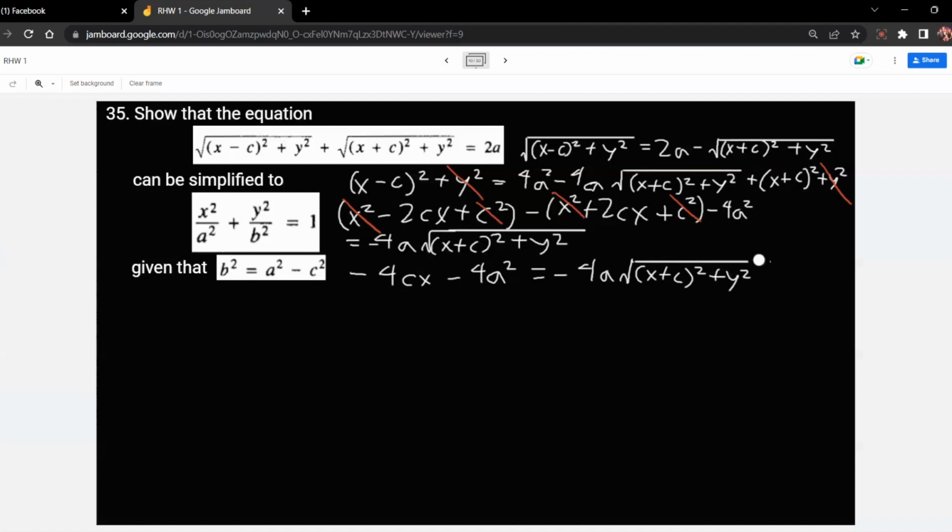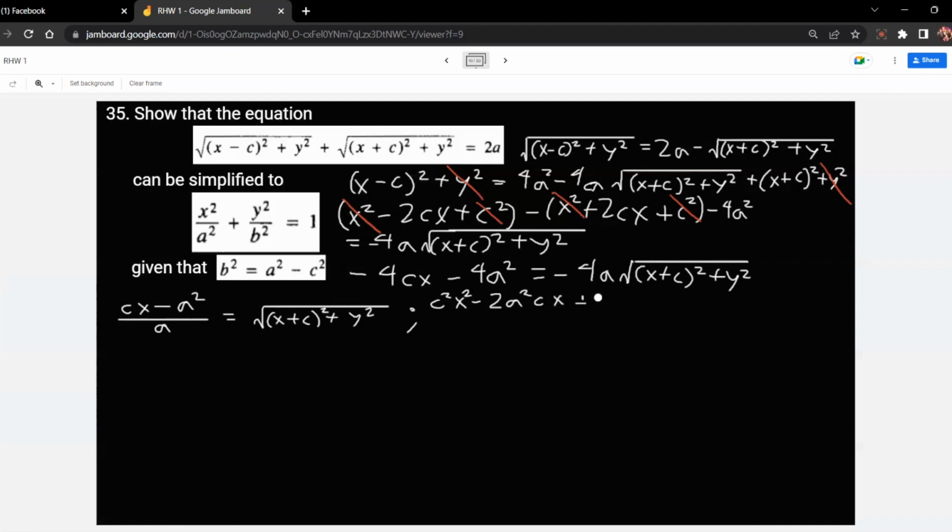Okay. So tas may nagka-cancel na common factor na negative 4, no? So square root of (x plus c) squared plus y squared is equal to a plus c over a, tapos x. No. Why?